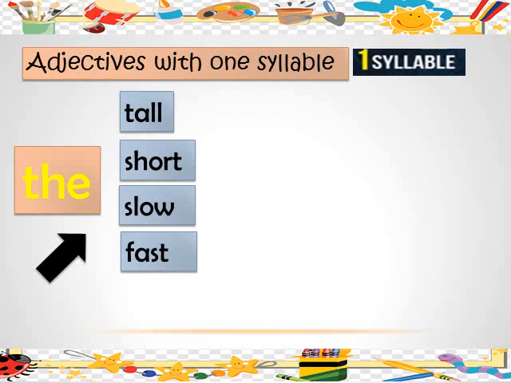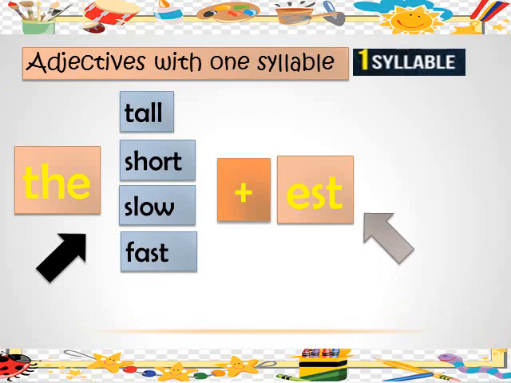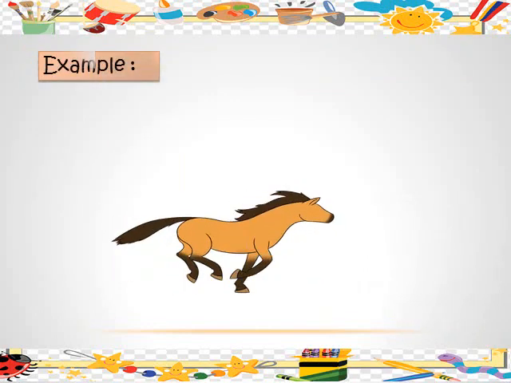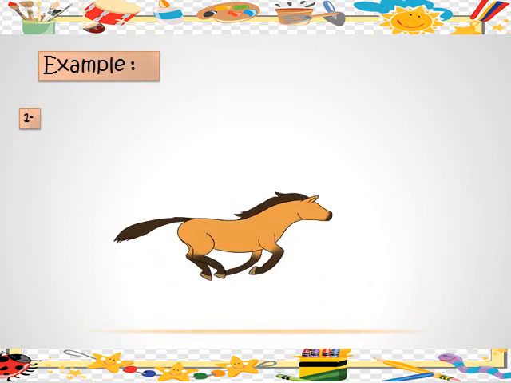I use the word "than" to make the comparative form. Here I use instead the word "the". Then I have to add "est" to these adjectives to make the superlatives. Let's see this example. Look at the horse.